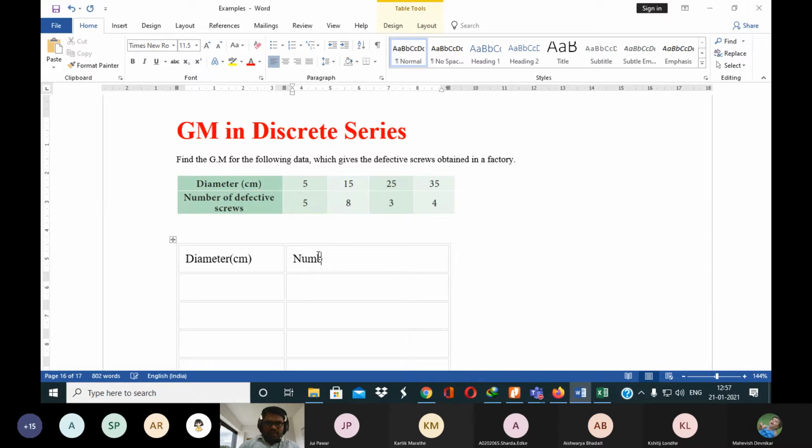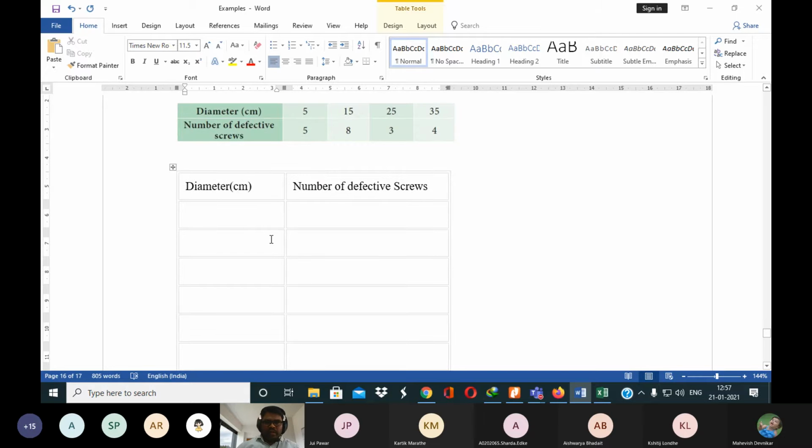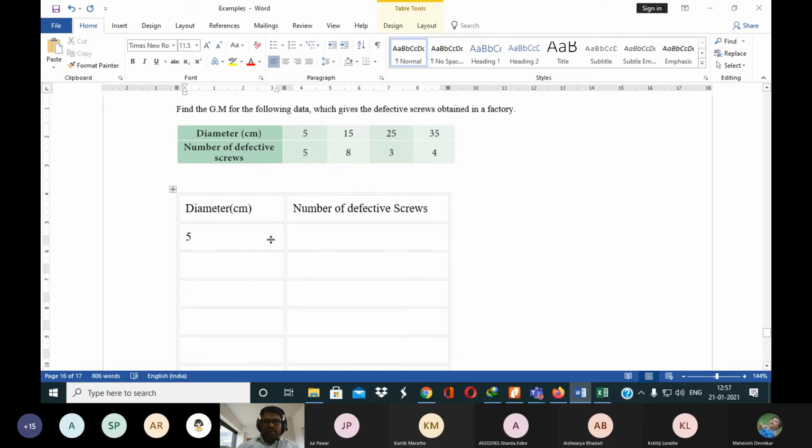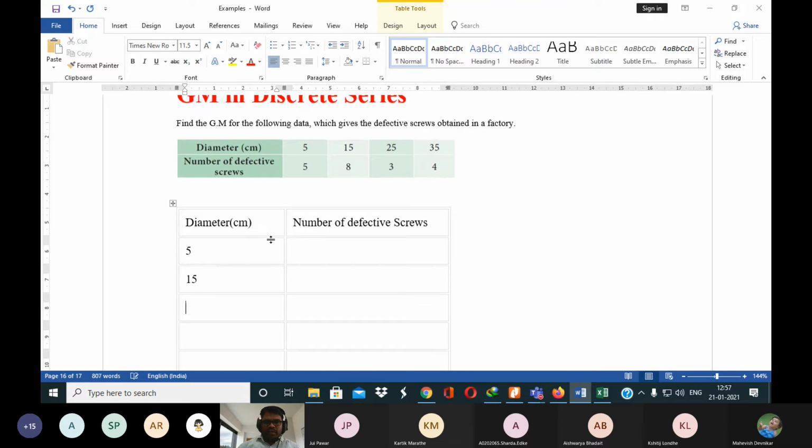The first value is 5, second is 15, third is 25, and fourth is 35.